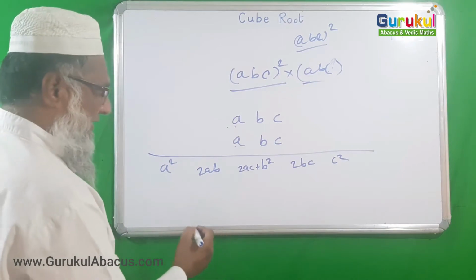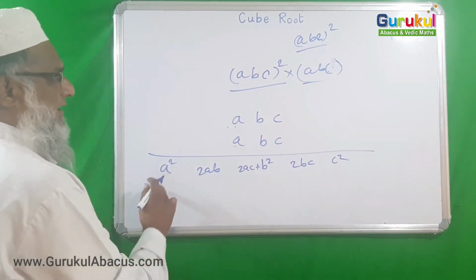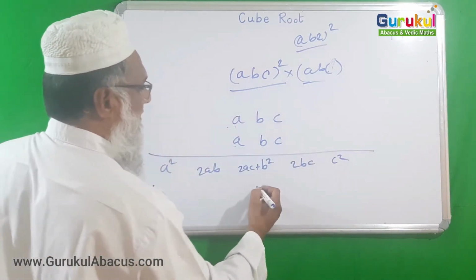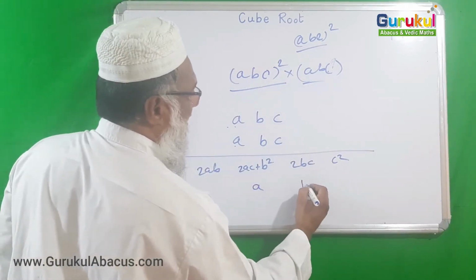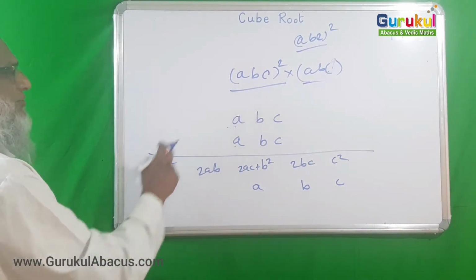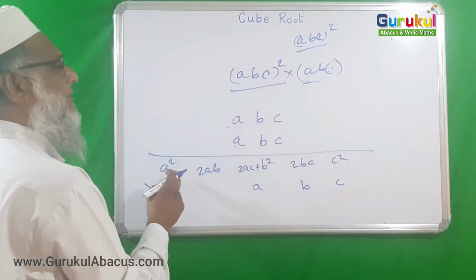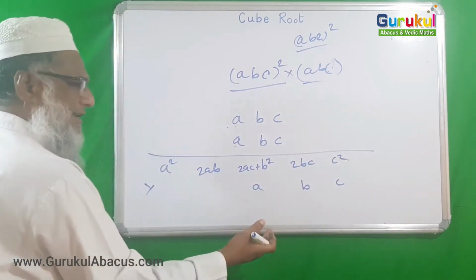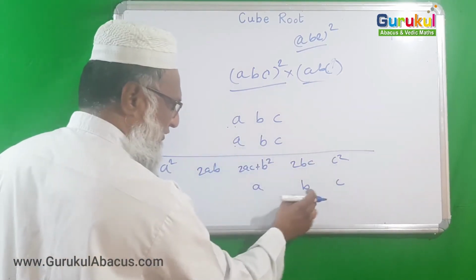Now we are multiplying the expansion of ABC square with ABC. Here I write A, B, C. In the expansion of ABC square I have 5 components, 1, 2, 3, 4, 5, and in ABC I have only 3 components.